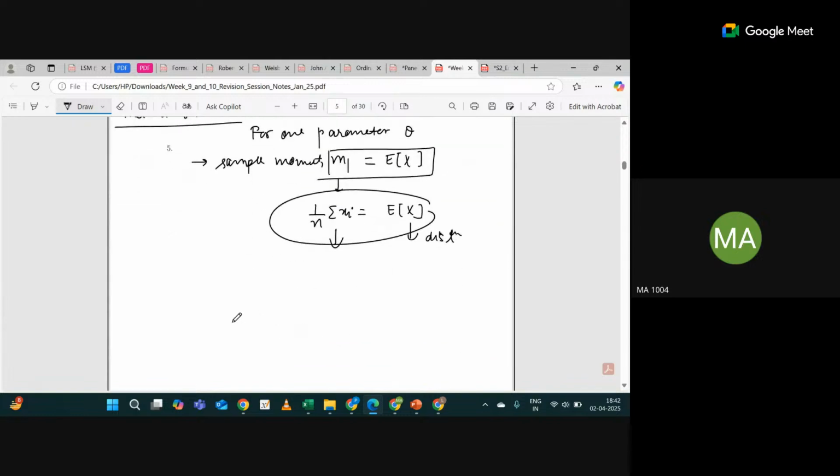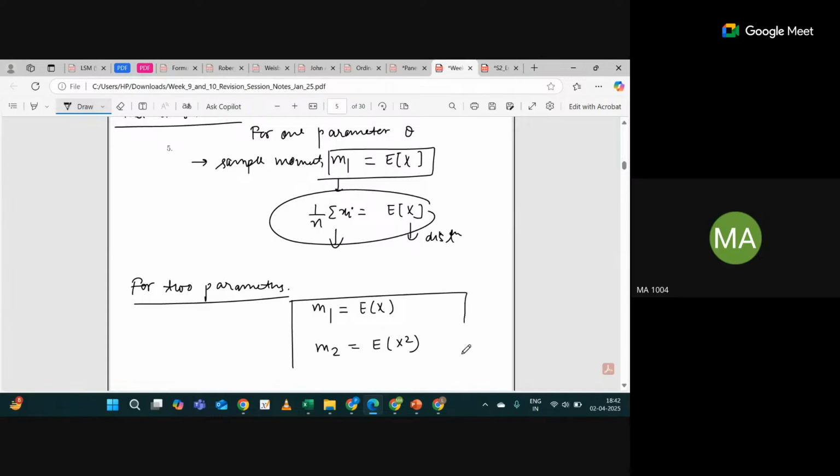Now, if you have two parameters, to find the two unknown quantities, how many equations do we need? We need two equations. So I will equate m1 to the expected value of x, the first sample moment to the first distribution moment, and next I will equate m2 to the expected value of x square.